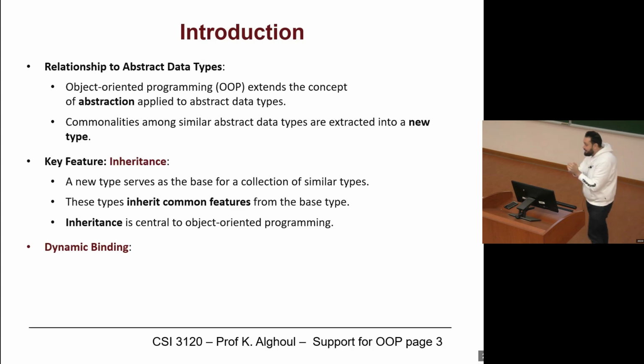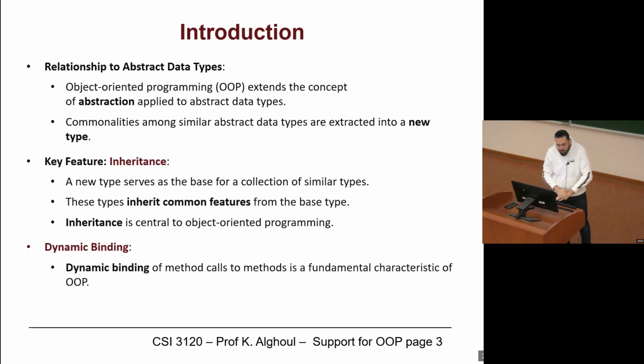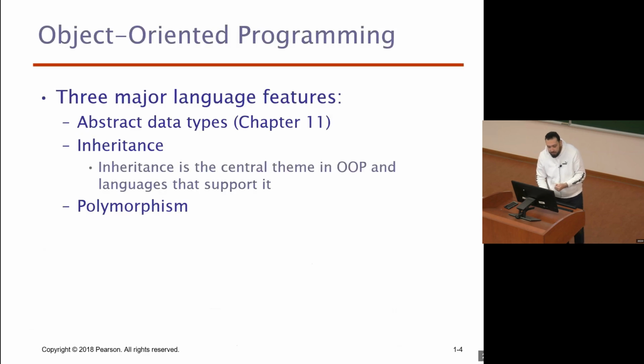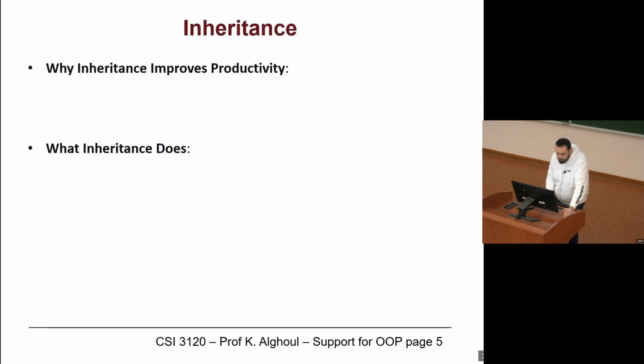We're going to see an example, but very good, Mike. So dynamic binding of method calls to methods is a fundamental characteristic of OOP. This chapter explores how dynamic binding works in OOP languages. The three main things covered in the book when it comes to object-oriented programming are the abstract data type, which we already covered, and inheritance and polymorphism. That's the main focus of the chapter in the book.